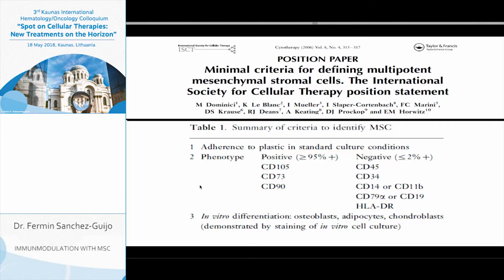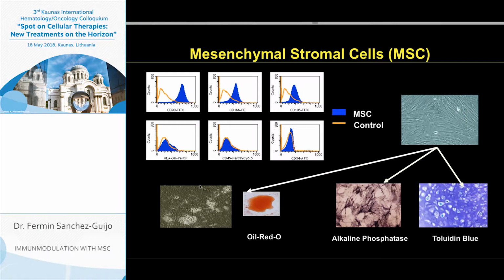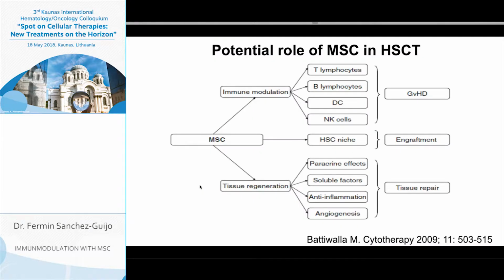differentiation capacity. So when you focus on the role of MSCs in stem cell transplantation, the first issue is clear that the cells are the precursors of some cells of the niche, so they can help in engraftment. But they have obviously, and we will go through this, an extraordinary immune modulation ability.